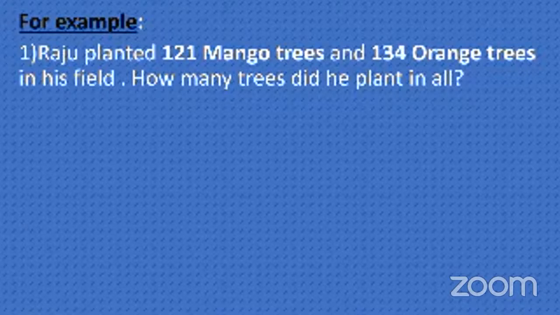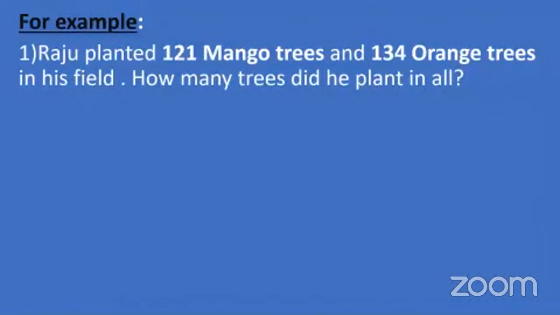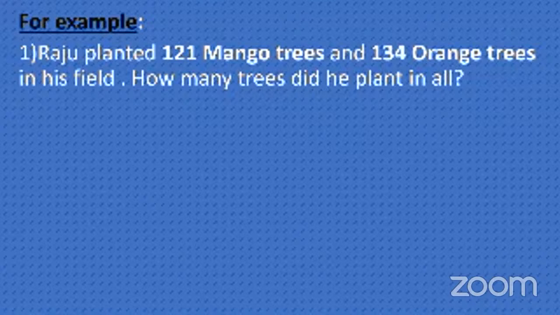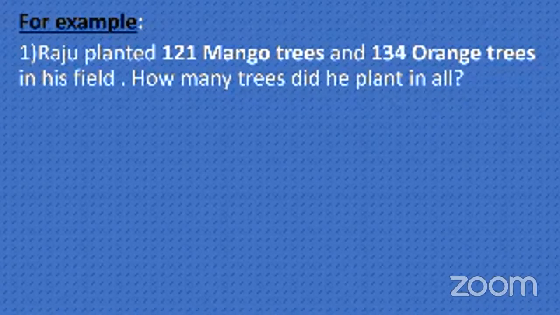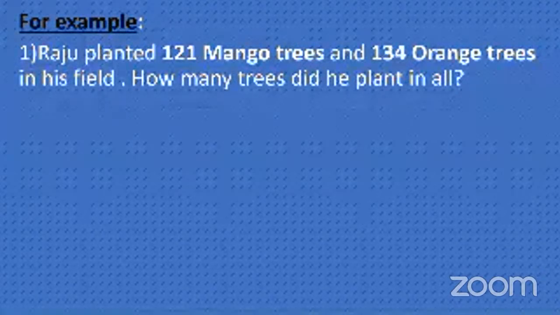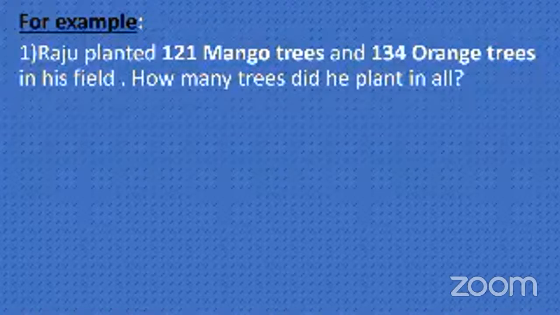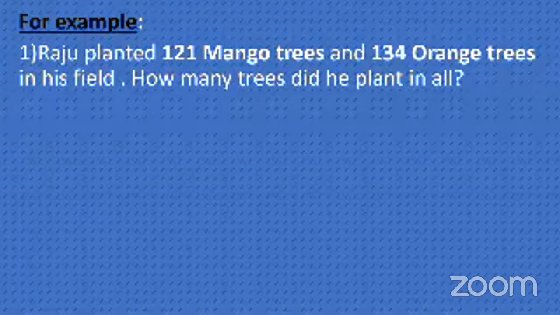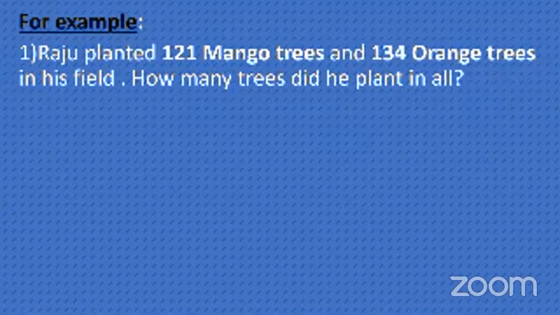Raju planted 121 mango trees and 134 orange trees in his field. How many trees did he plant in all? Very good, very nice, beta. How many trees did he plant?